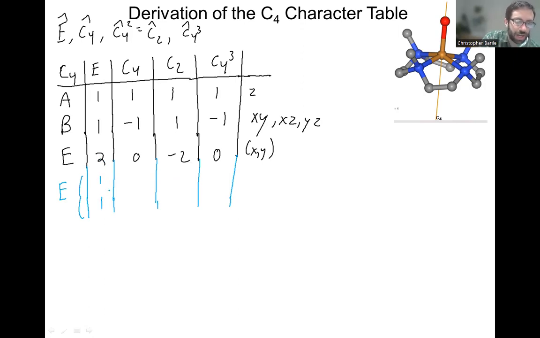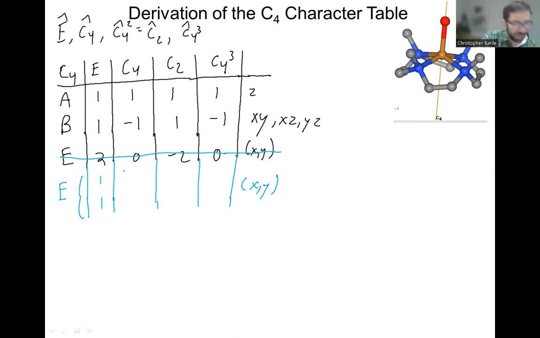We're going to break this up, and we know the dimensionality of these components is going to be 1. And so this E, I'm just going to cross out, but keep it here so we can remember. And actually the real xy function is going to transform as this 2-part E vector. But now I have 1, 2, 3, 4 classes, and I have 1, 2, 3, 4 vectors, because we have a 2-part vector.